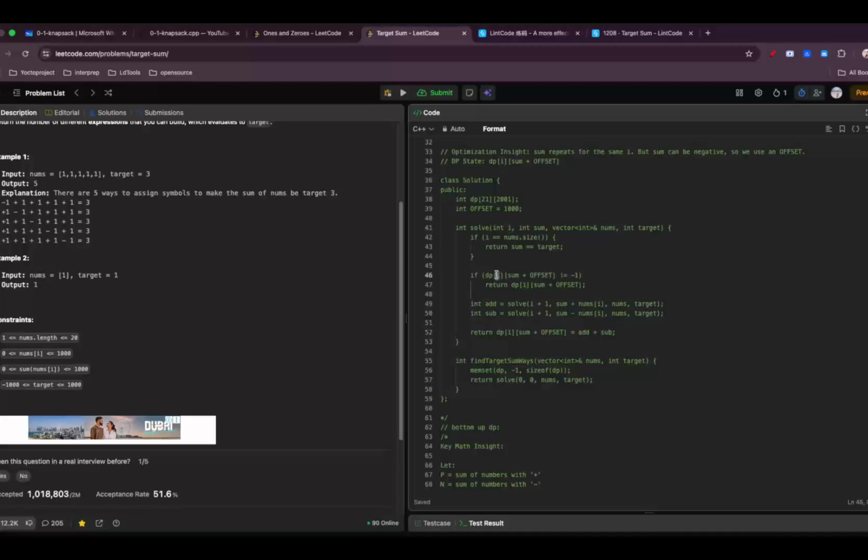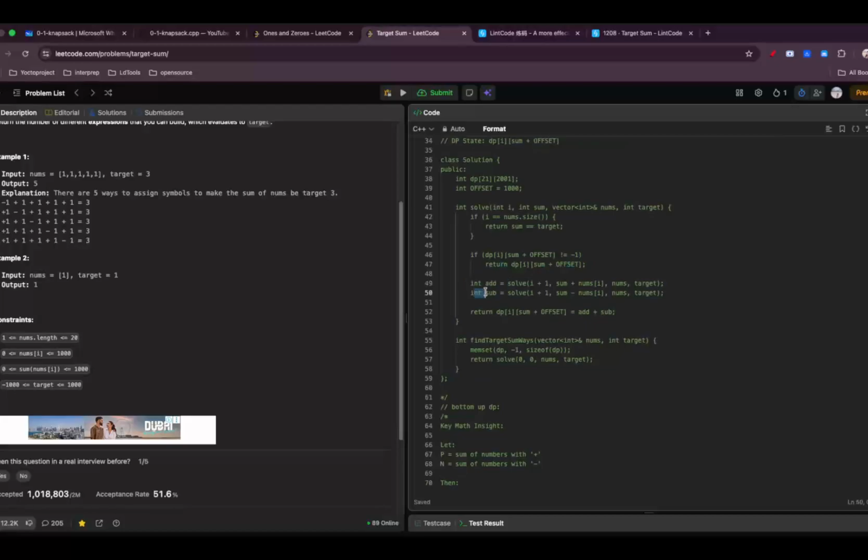So basically as it is, whatever we are passing, the same thing we will be taking here, and whatever we are passing, the same thing we will be taking here. Here we have added the offset just so that it doesn't become negative and give us an error, because a negative index doesn't exist. And then if that is not equal to minus 1, then we will be returning the same as it is.